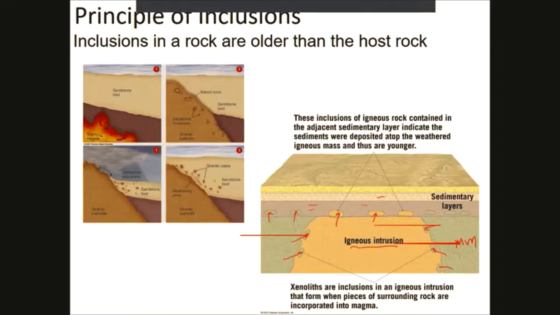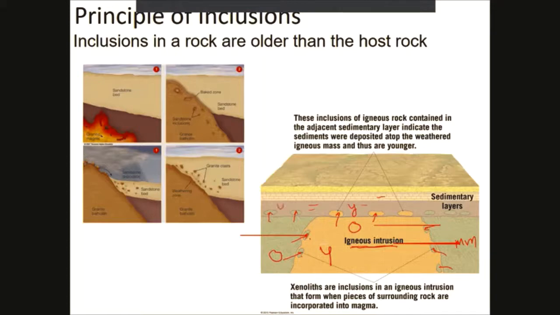That means because the igneous rock is hosting inclusions of the metamorphic rock, the igneous rock is younger and the metamorphic rock is older. Because the shale is hosting inclusions of igneous rock, the shale is younger than igneous rock. Igneous rock is older. You see here, the shale is hosting pieces of metamorphic rock.